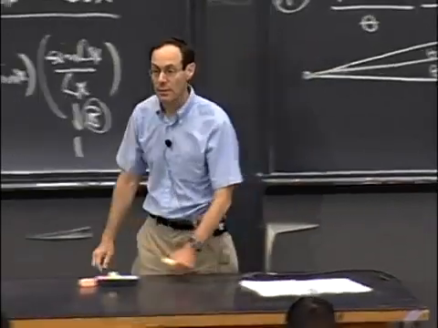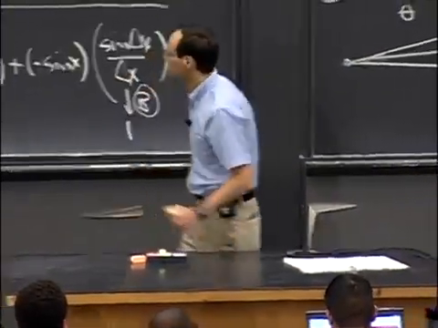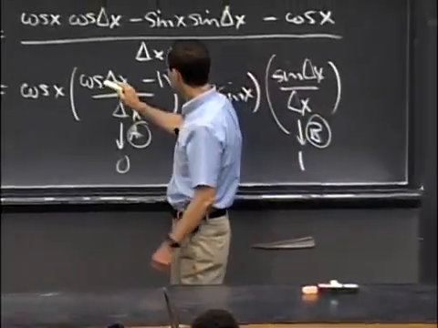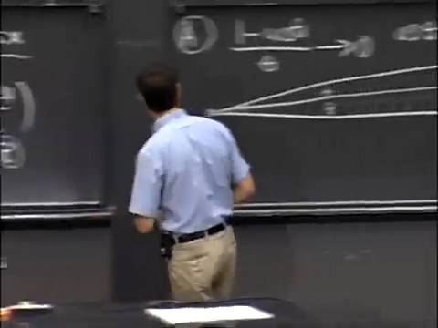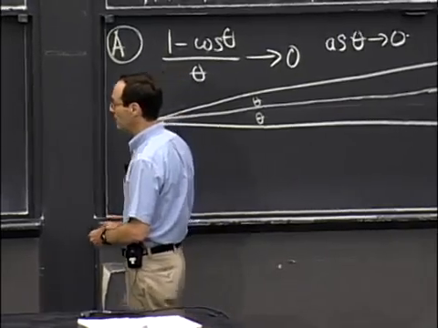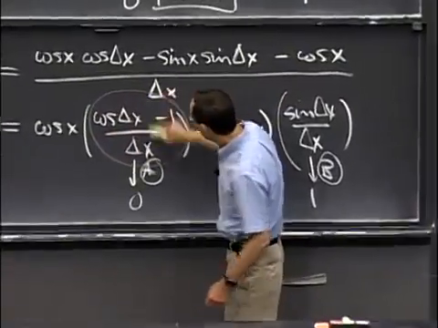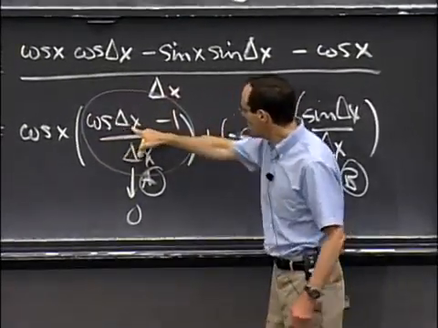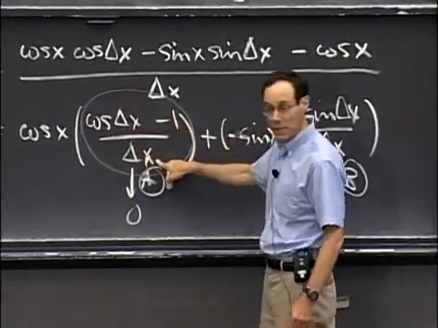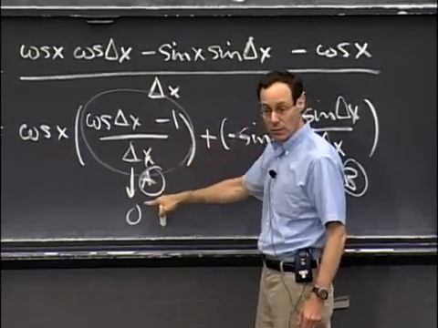Is cos theta minus 1 over cos theta the same as 1 minus cos theta over theta? The equation that you wrote beside here, right here. So here, what I wrote is cosine delta x minus 1 divided by delta x. And I claim that it goes to 0.